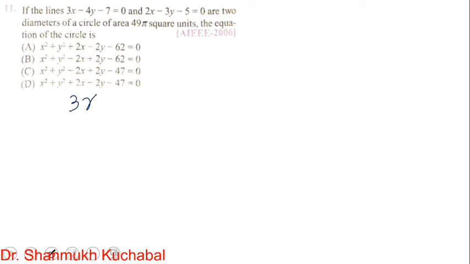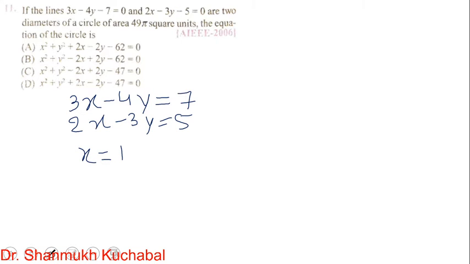So 3x minus 4y, I rewrite into the standard form, equal to 7. Another equation is 2x minus 3y equal to 5. So these are simultaneous two equations with two unknowns. We have various methods. Solving this, we get the solution for x as 1 and for y as minus 1.